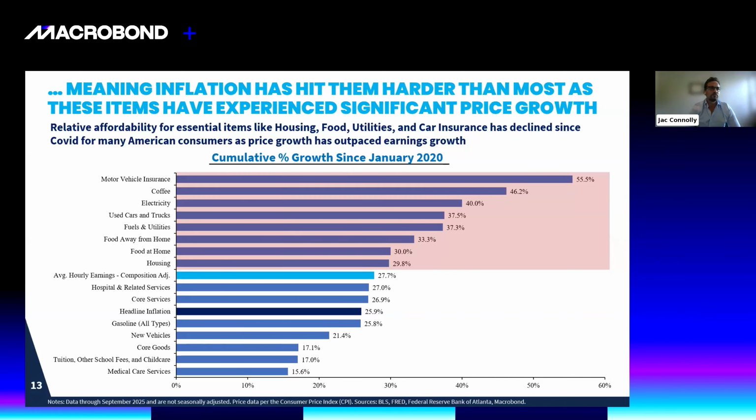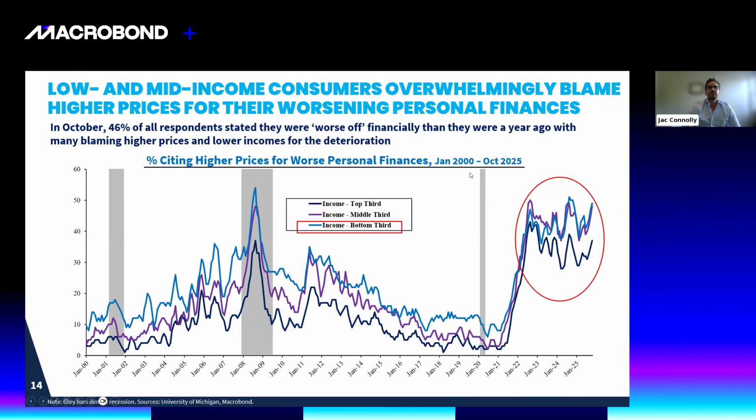When we compare that to the average hourly earnings growth during that time, we can see that the items highlighted in red have experienced significant price growth that has outpaced earnings growth. And this has made these items relatively more expensive or less affordable. So this is really weighing on consumer sentiment for the lowest 40% of consumers.